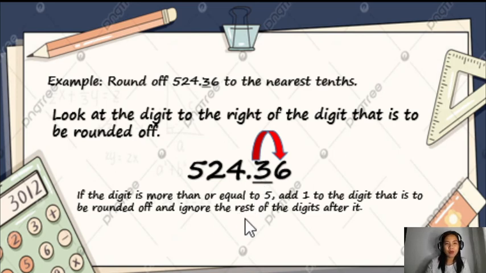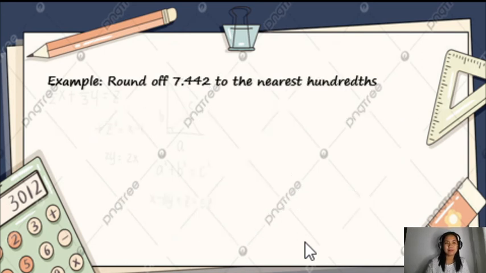And then, ignore the rest of the digits after it. Tapos, hindi na natin isasali yung 6. So, ang answer natin is 524 and 4 tenths. So, na-round off na natin to the nearest tenths.